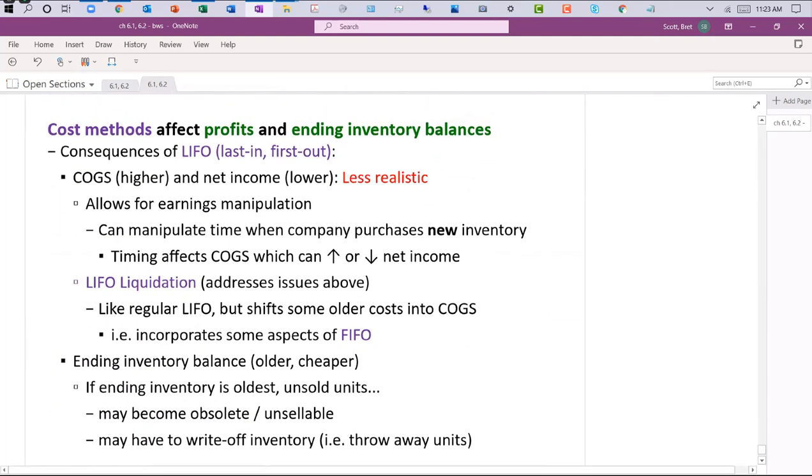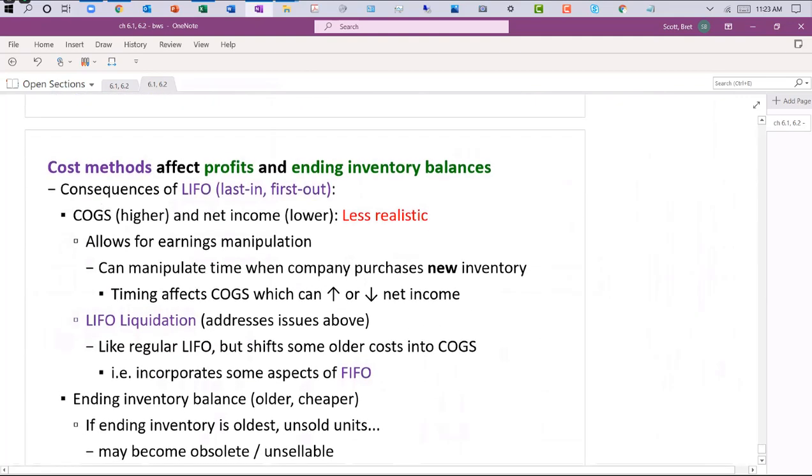Some other things you just need to know, at least for the sake of the exam and for the homework here, is we know that cost methods affect profits and ending inventory balances. You just need to be aware of that going into the homework and the exam. Consequences of LIFO, in our case, typically what you see are higher cost of goods sold because prices are increasing over time.